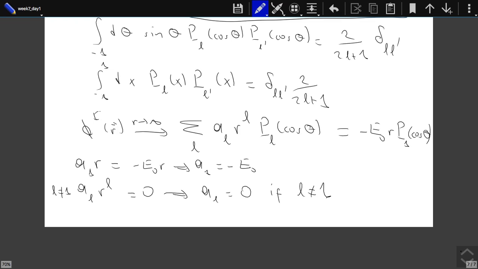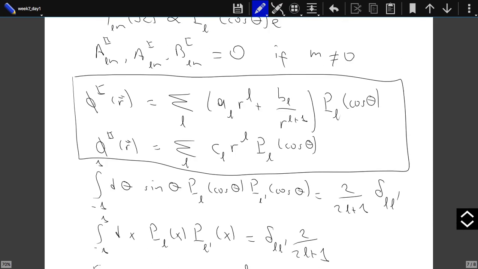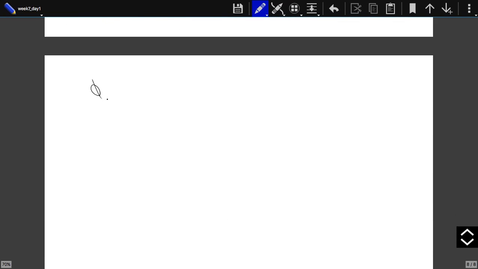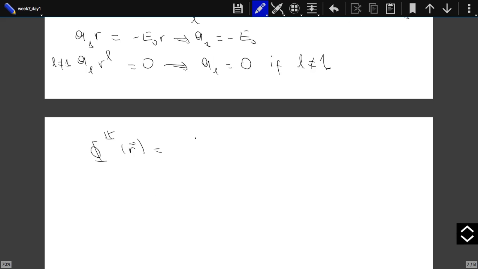But in this problem, at infinity, we have an electric field. So the potential cannot be 0 or a constant at infinity. It has some functional dependence such that the gradient gives us a uniform electric field. So it's just A1 that will give us a uniform electric field at infinity. The other ones should be 0.